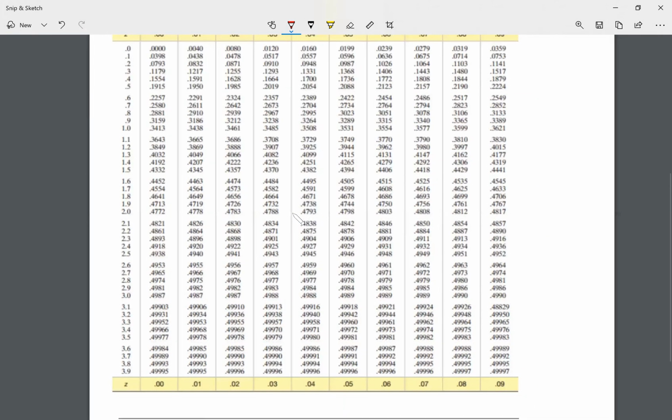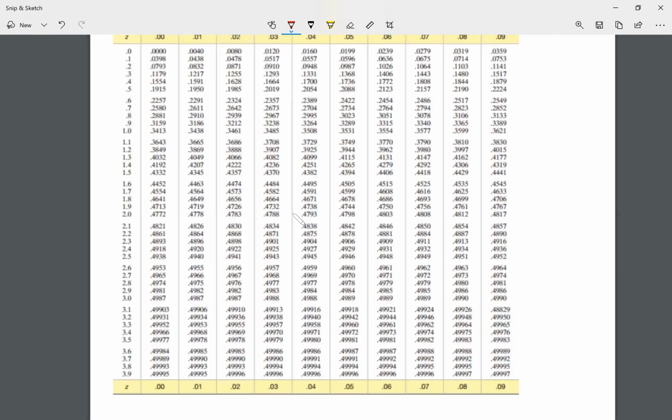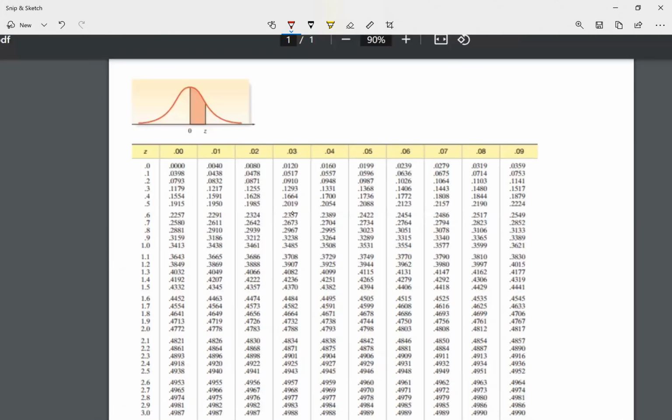When I look at the probabilities, I'm like, it doesn't go up to 0.9. The highest it goes is 0.49997. That reason is because that's only considering from the center. The 0.5. So in reality, since I want it all to be 0.9, I'm just going to look for 0.4 because everything to the left, the first 0.5, is not included. So okay, let me find what's 0.4.